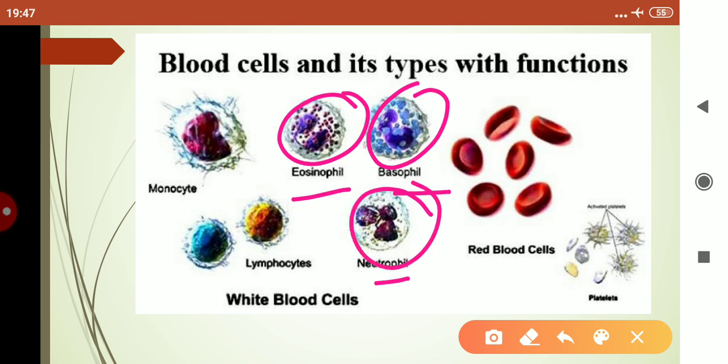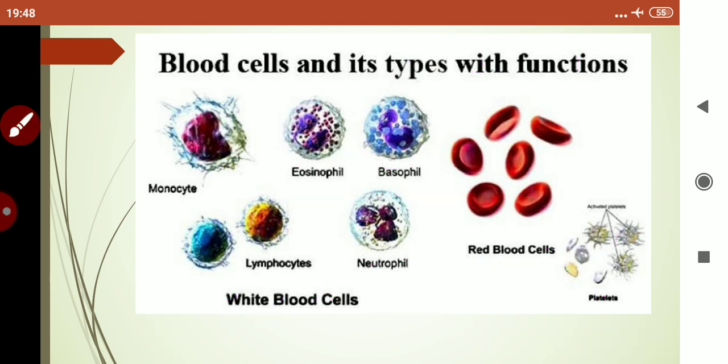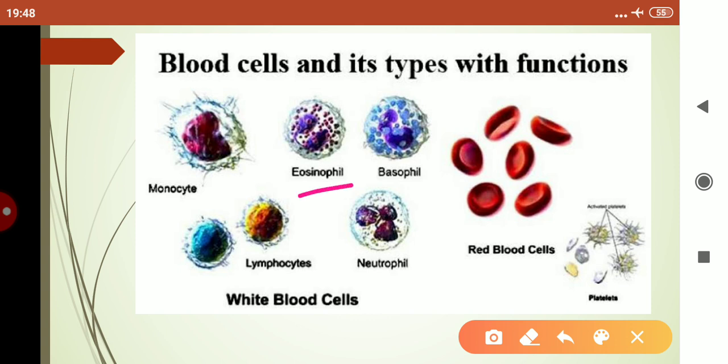That's why we say that these cells are kept in a separate category called granulocytes, because they have granules in them. Also, these WBCs have a lobed nucleus. You can see here that in eosinophil a bi-lobed nucleus is present. Similarly, basophil and neutrophil have a multi-lobed nucleus and a single lobe is present.